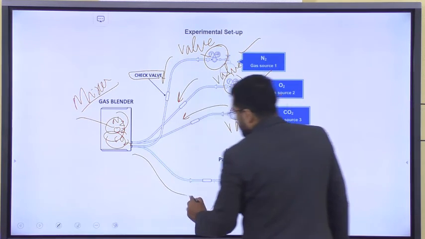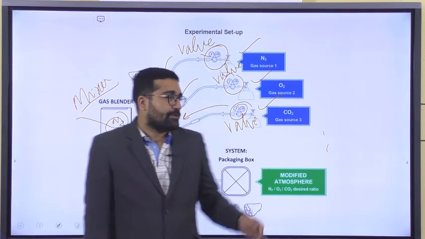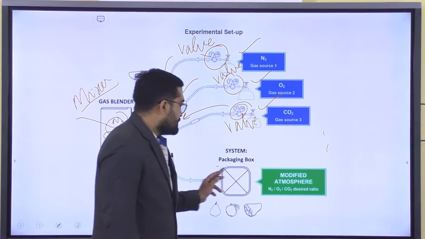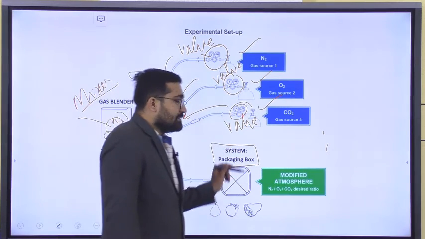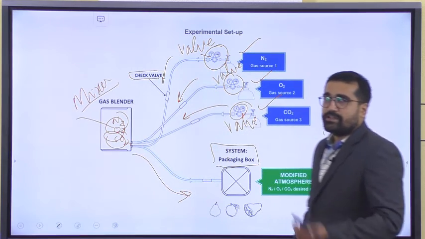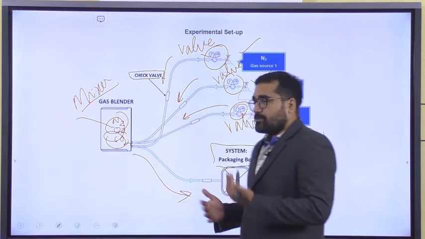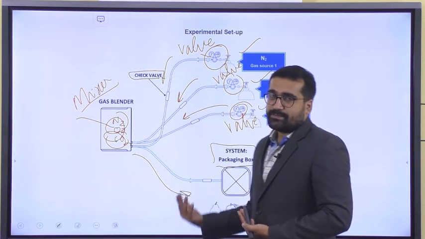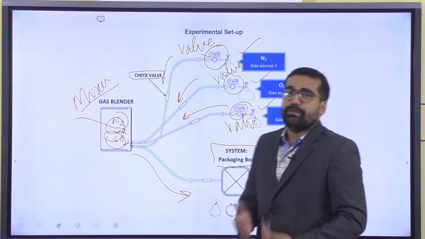Then the mixed gas passes to the system where our product is packed. This is a packaging box, and the composition is passed into it. Then this box is hermetically sealed so that there is no leakage of gases, or sometimes we provide some perforation to the system so that we can achieve efficient MAP.